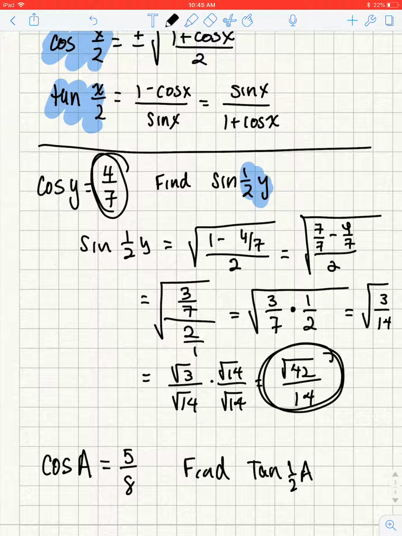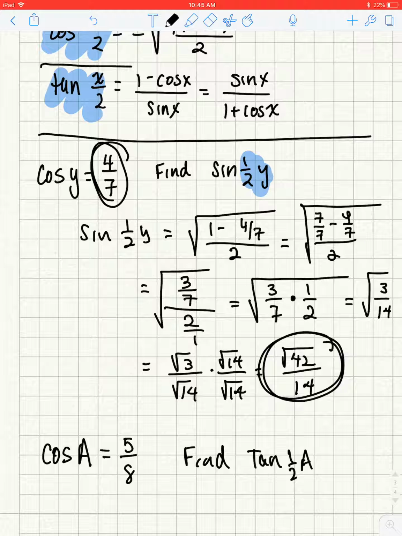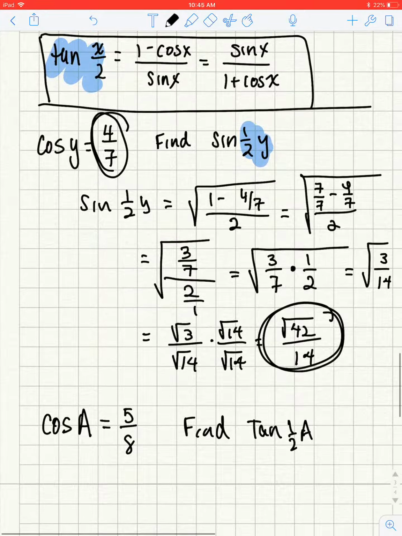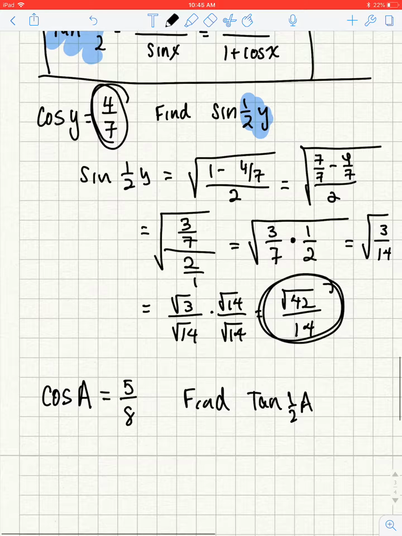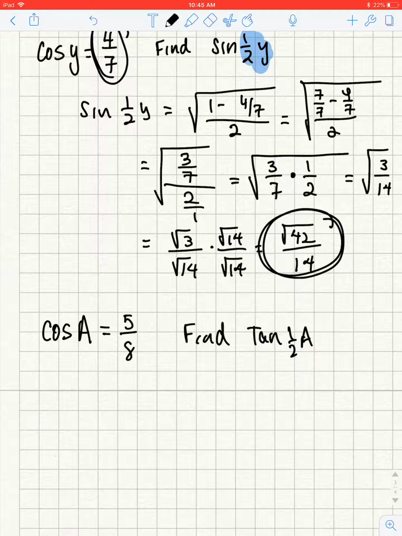Okay, so let's go back up top. So you could see we are going to use this top portion right here, and it doesn't matter which one, but we do need to find out what sine is.